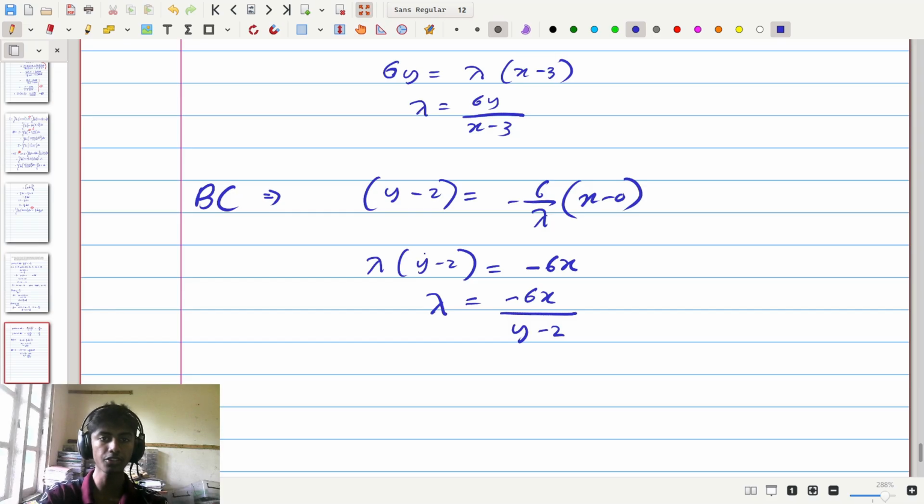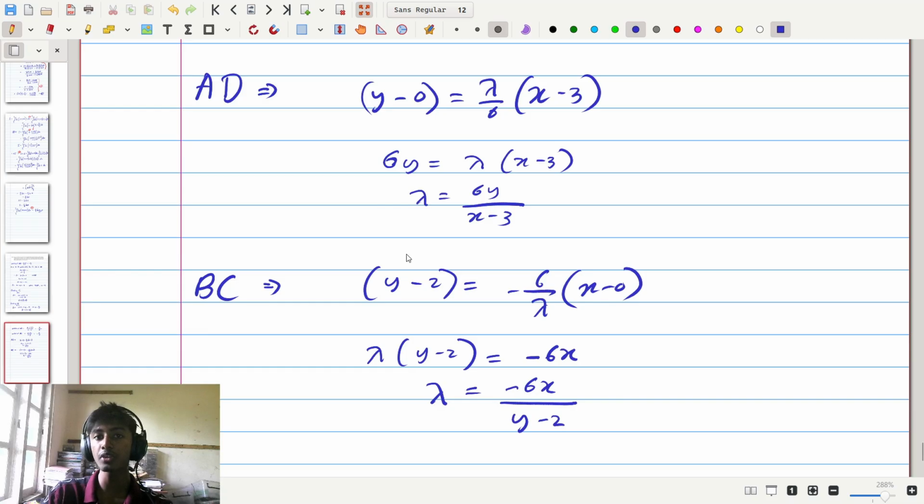Now in this case, since both of these lines must pass through the intersection point, the coordinates of that intersection point will satisfy both this equation and this equation.